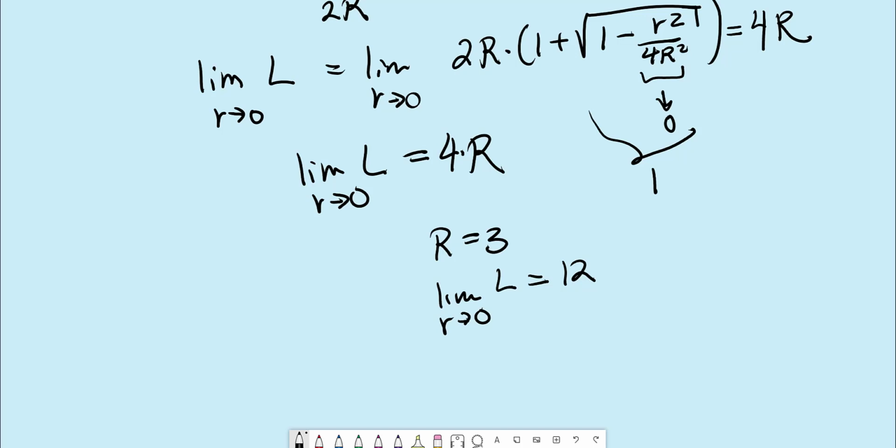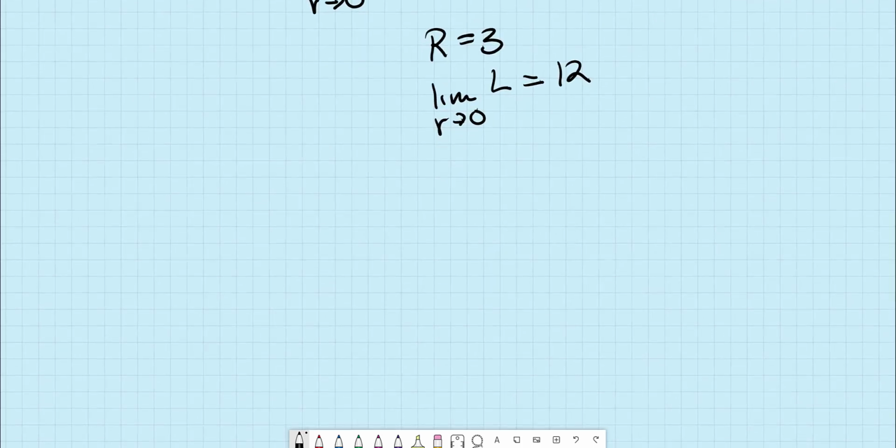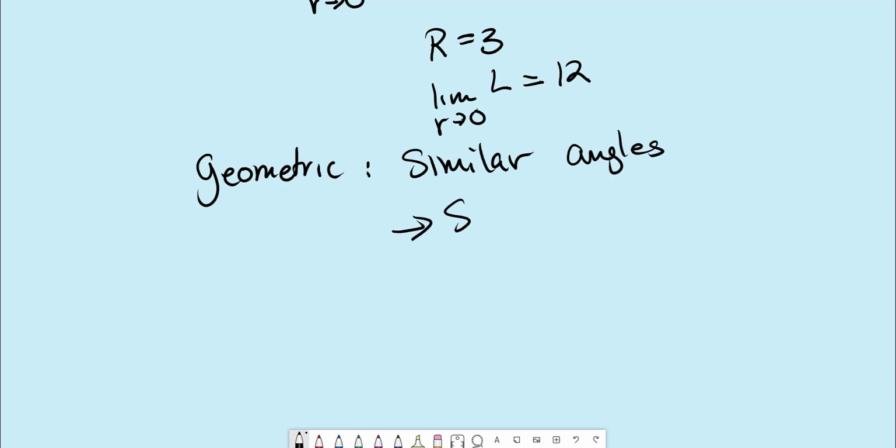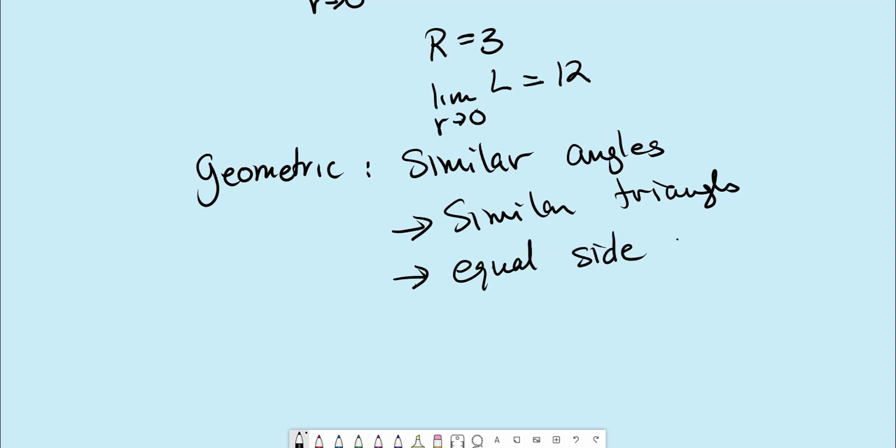So this trigonometric solution is really a geometric one where we used similar angles, which led to similar triangles and therefore equal side ratios.